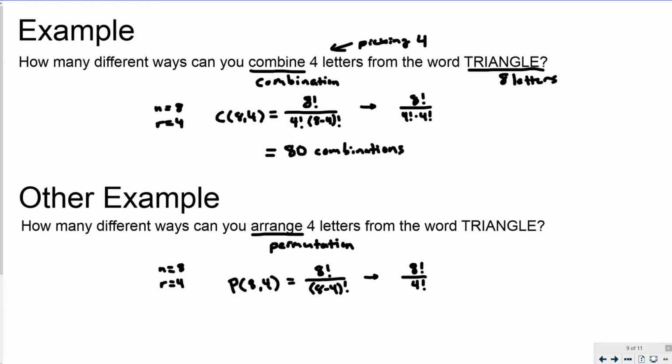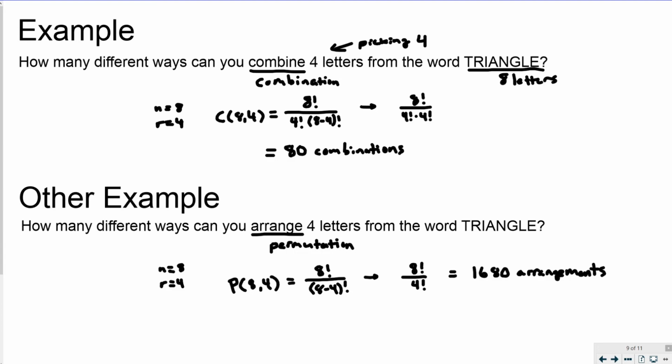And this leaves us with quite a few more. In fact, it leaves us with 1,680 arrangements. So there are 1,680 different arrangements of the 4 letters in the word triangle, but there are only 80 combinations.